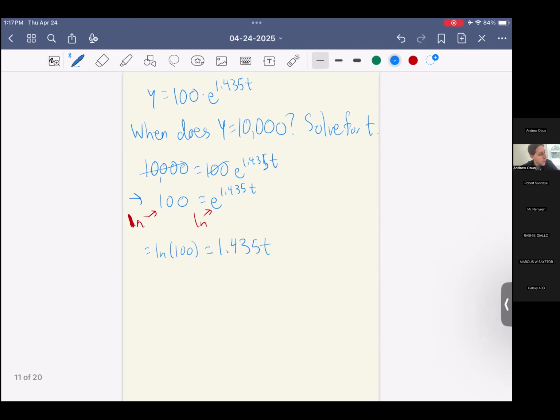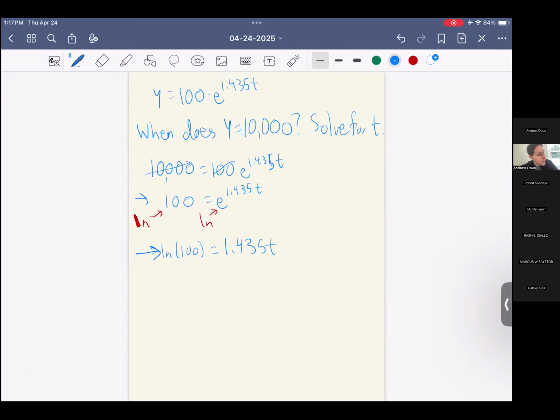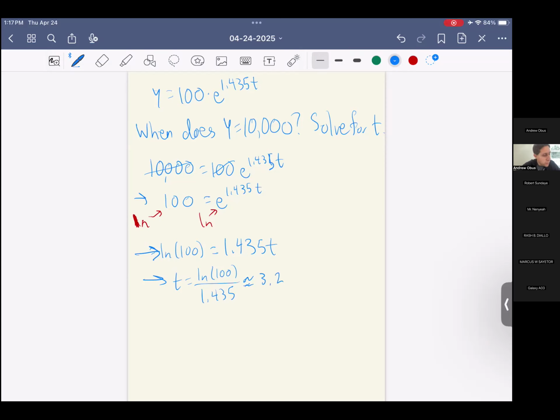And so what that's going to tell us is that t is equal to ln of 100 divided by 1.435. And that's going to be about 3.209 hours.